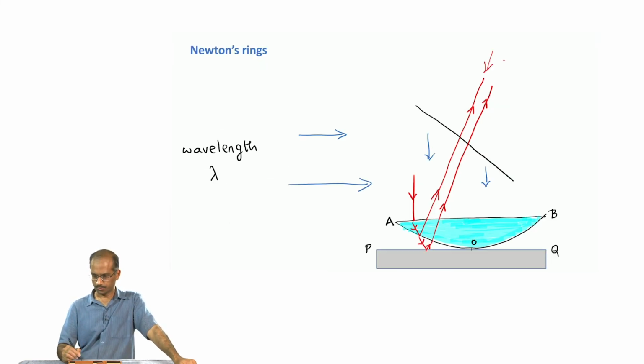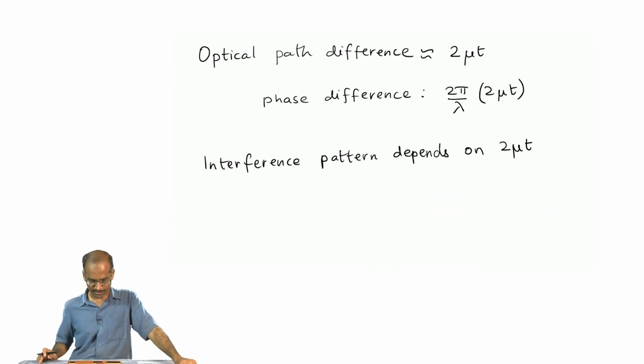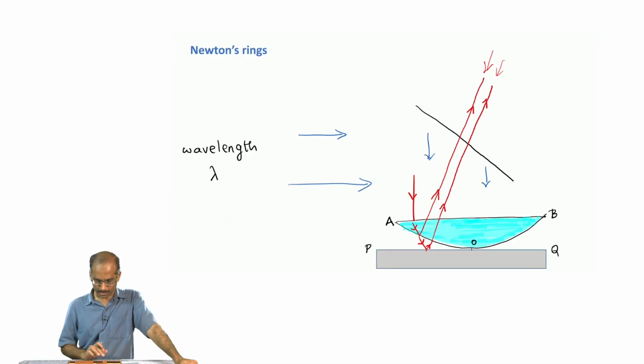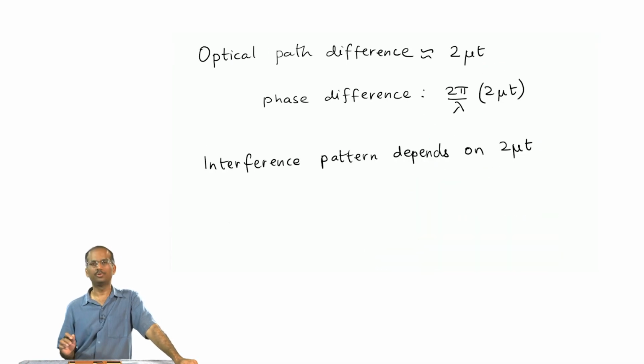I want to find out first what the path difference is. If T is the thickness of the air column at that point, then the optical path difference is 2 mu times T, and the phase difference as usual is 2 pi by lambda multiplied by 2 mu T. So, now the interference pattern will depend on what happens to this quantity 2 mu T.